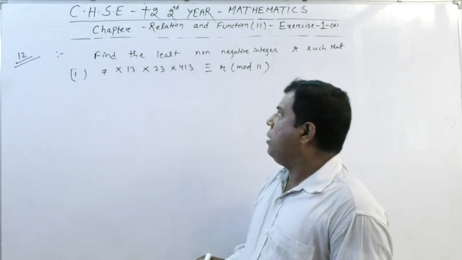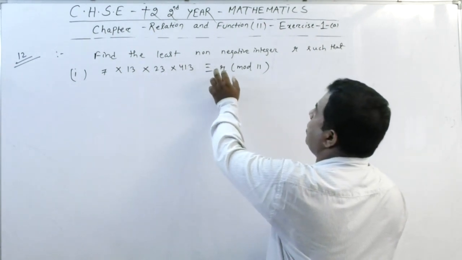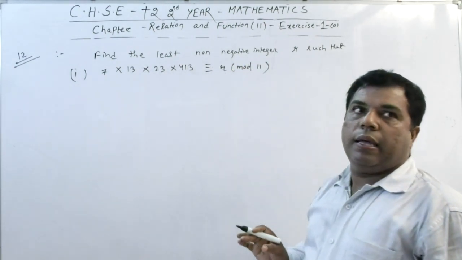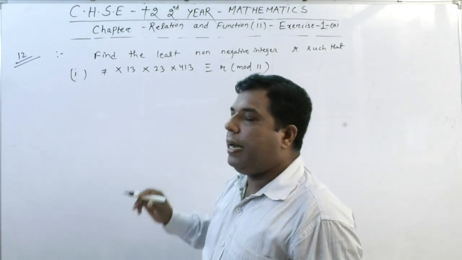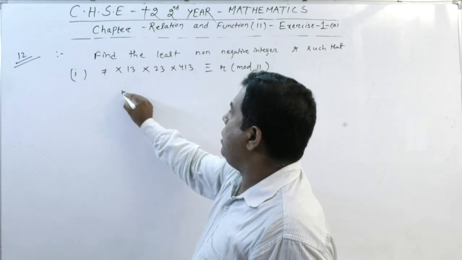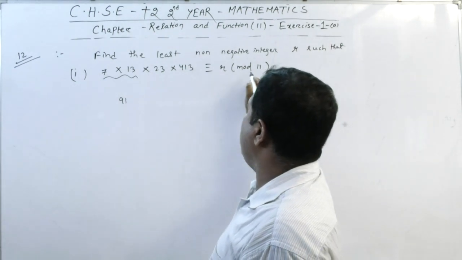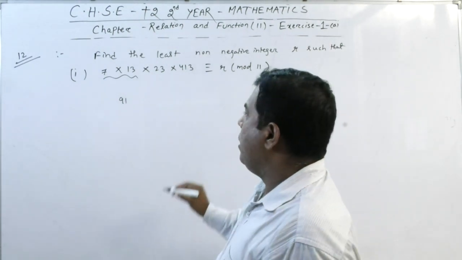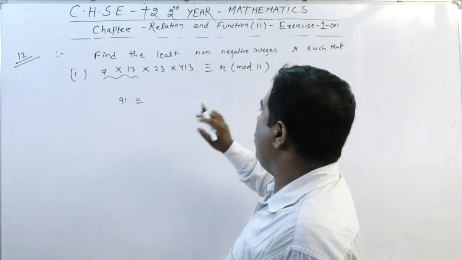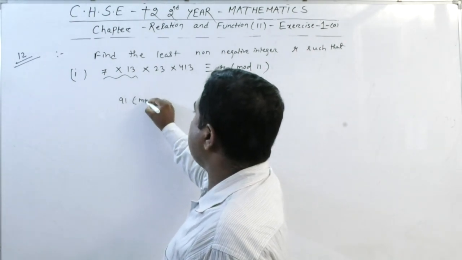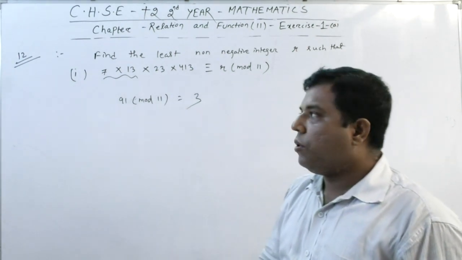Look carefully. You have to find the suitable value of r such that the difference minus r is divisible by 11. So how to get the value of r? Divide it. If you divide these two, this is equal to 91, and 91 divided by 11 gives remainder 3.